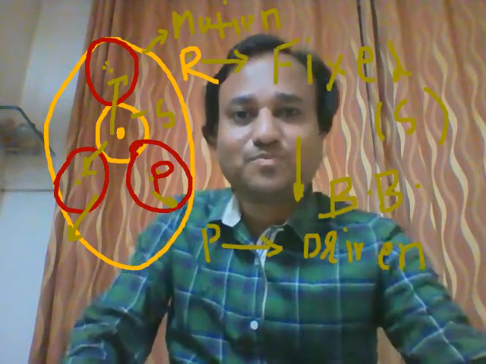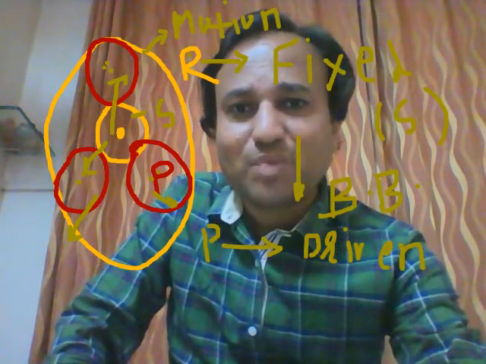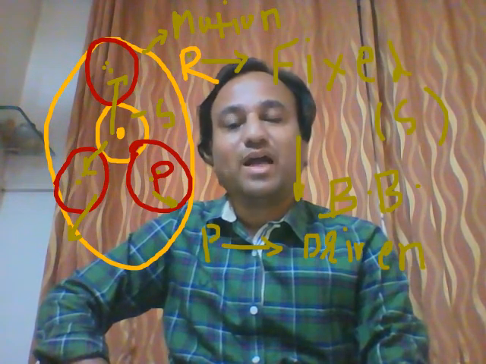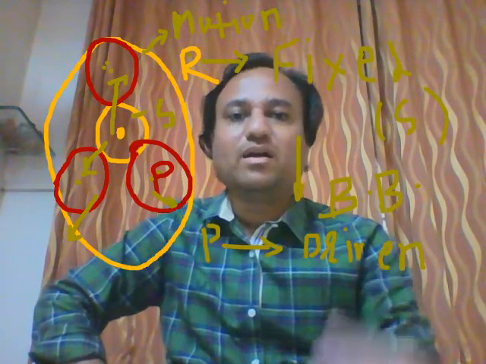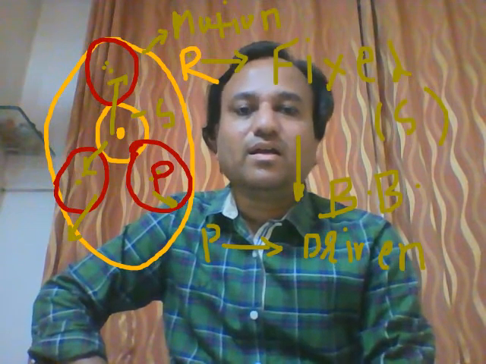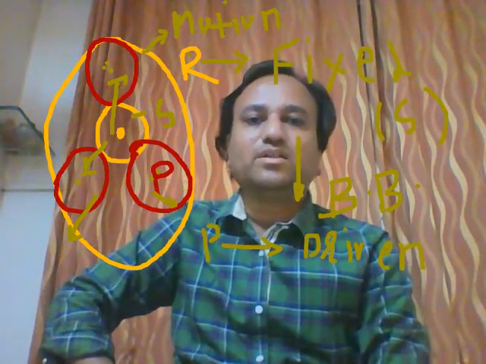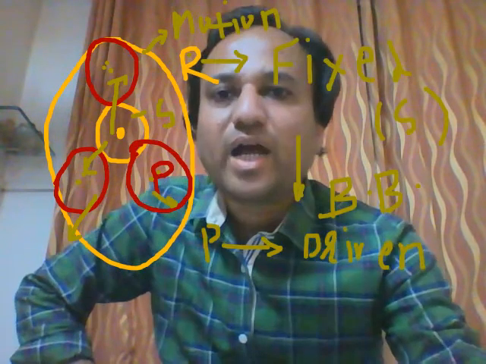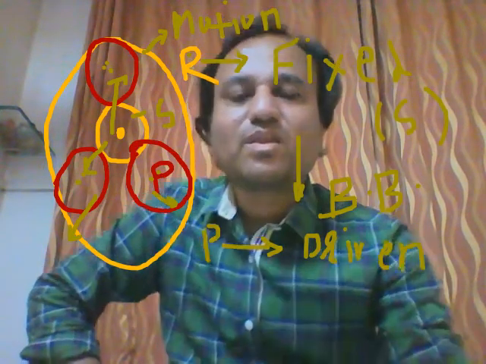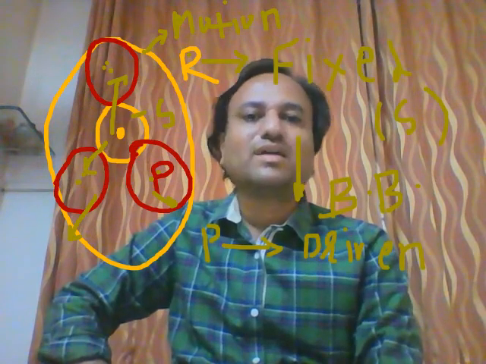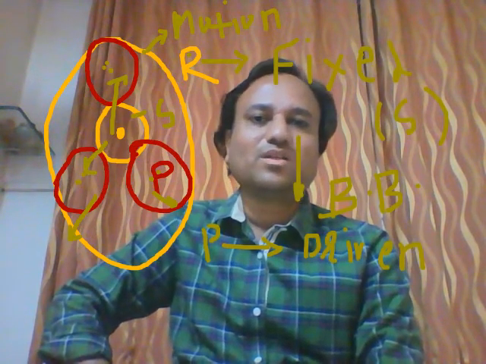So students, sun gear and planet gear are having external gear teeth. Okay, and this ring gear is the internal gear. So various types of gear, I think you are already familiar.